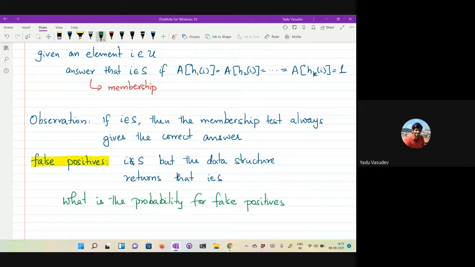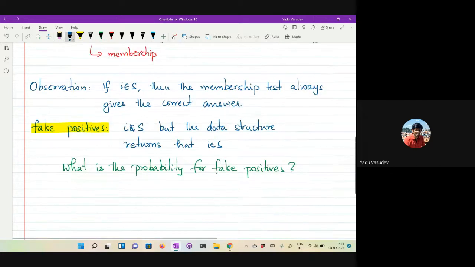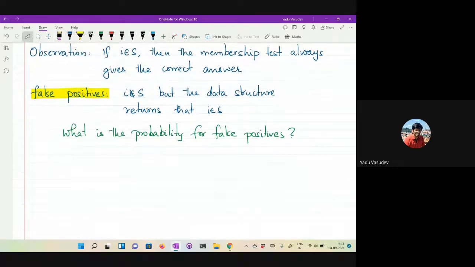So far so good. This is what we are going to analyze. To analyze this data structure is to understand this quantity. So how do we go about analyzing this? What is it that we want to know?